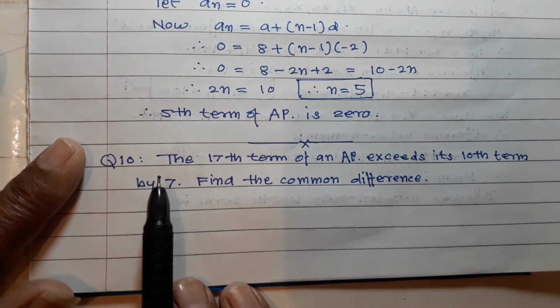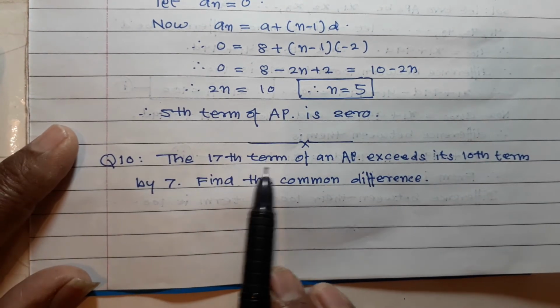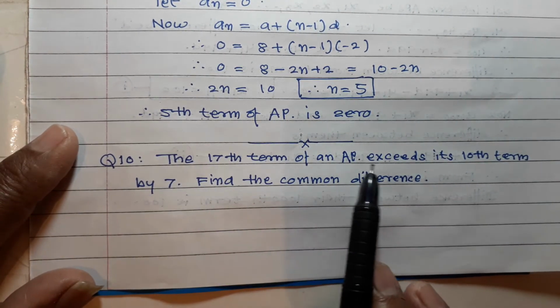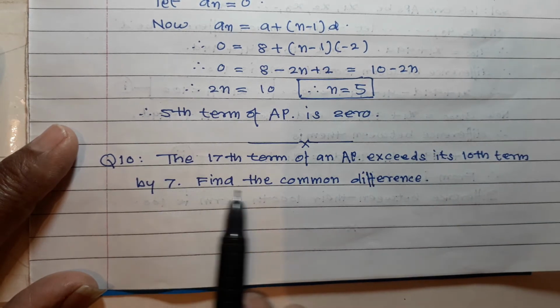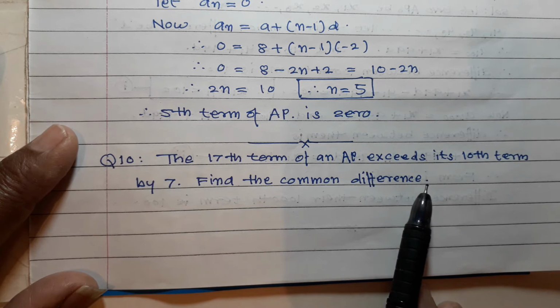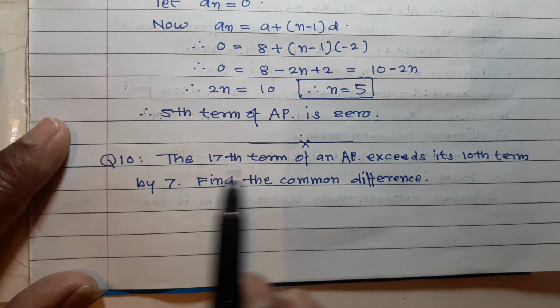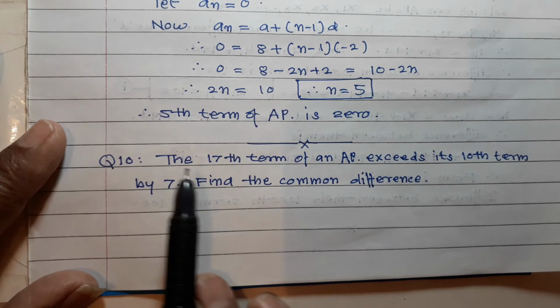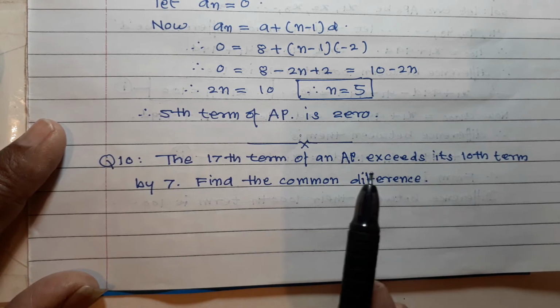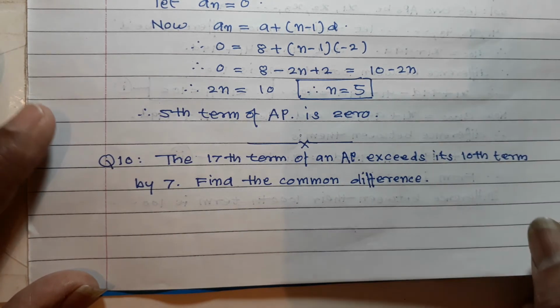Question number 10. The 17th term of an AP exceeds its 10th term by 7. Find the common difference. Now here a condition is given, so read this condition properly and write the equation.